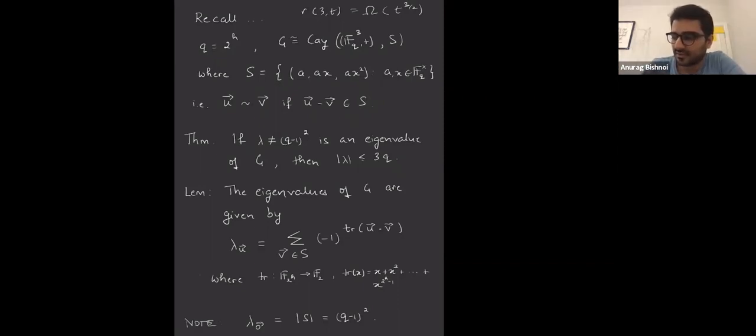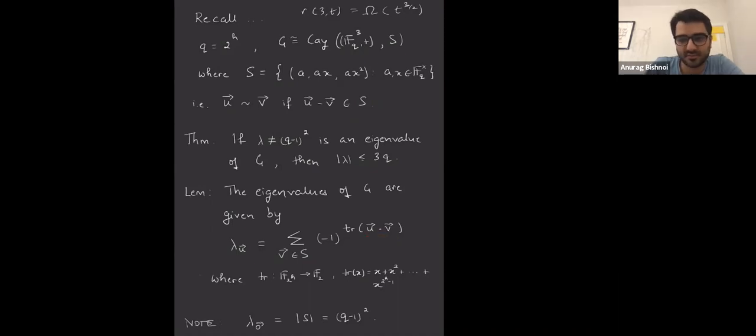Okay, so the eigenvalues of this graph G look like this. For every vector u, so every element of the group, there is an eigenvalue corresponding to it, which is given by this sum. The sum is over all elements v of S of minus 1 raised to the power trace of u dot v.